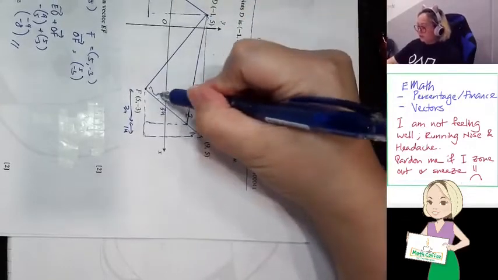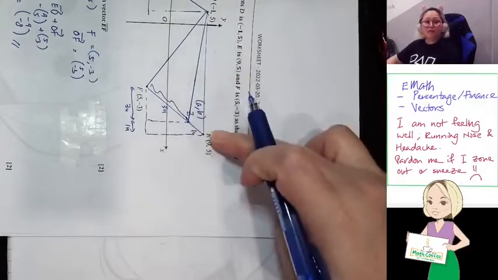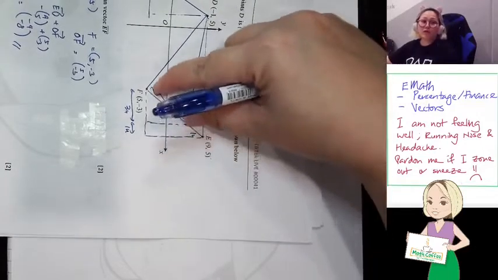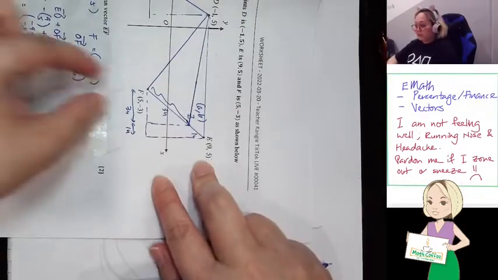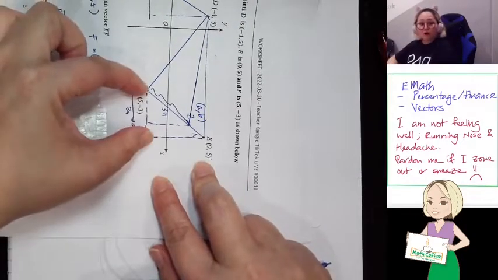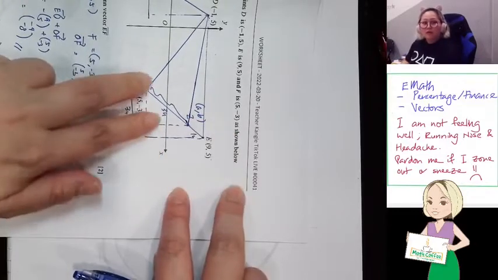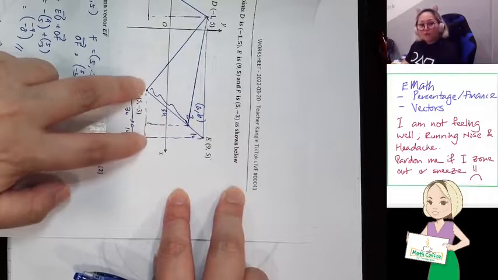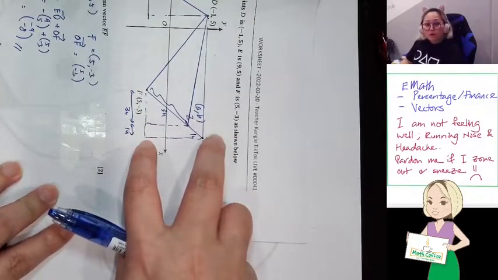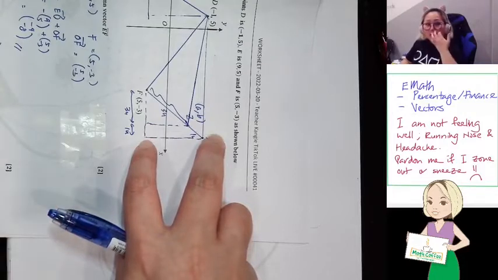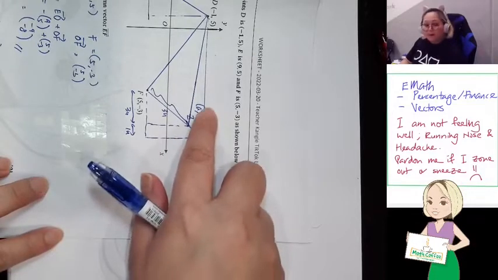If here is 3 units, small triangle over big triangle, it is 3/4. It means this side is also 3/4. So all these are 3/4, because it is a similar triangle. With this concept, you'll be able to find out what my A and B are.